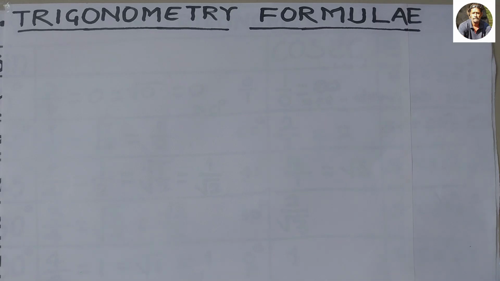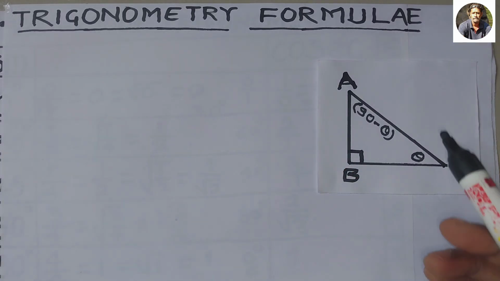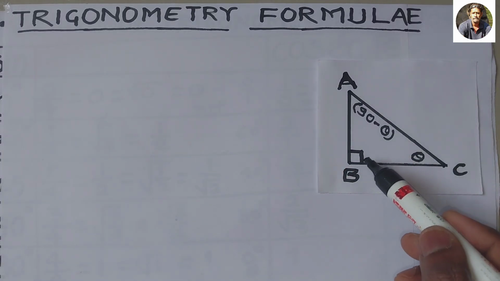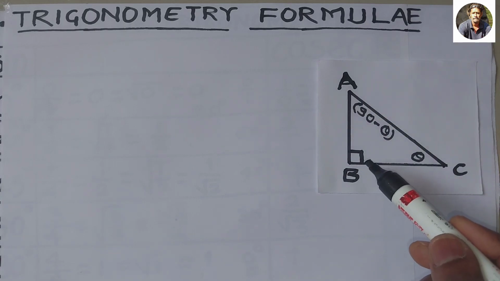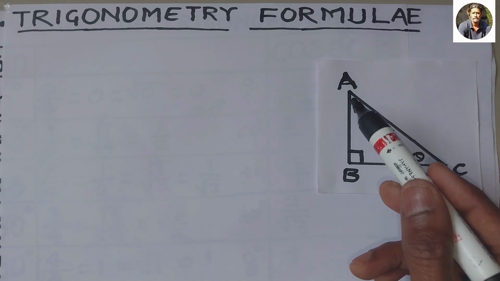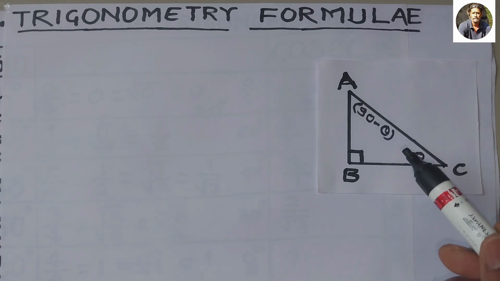Today we are going to learn trigonometry formulae and their identities also. Now first I will show you here this right angled triangle ABC and angle ABC is equal to 90 degree. Therefore, remaining angle A and C, these are complementary angles.